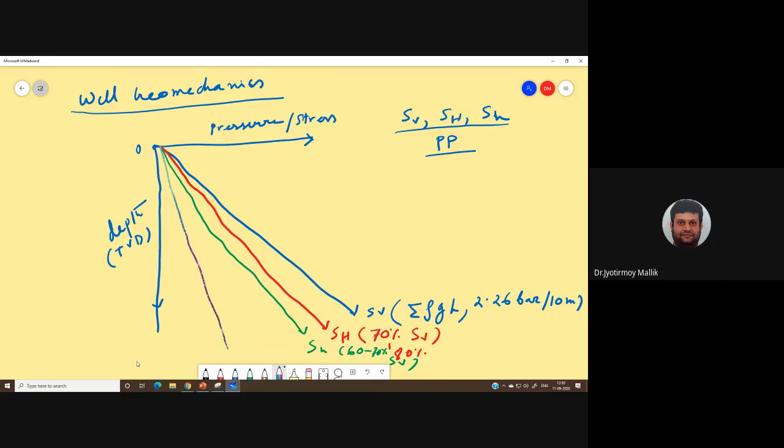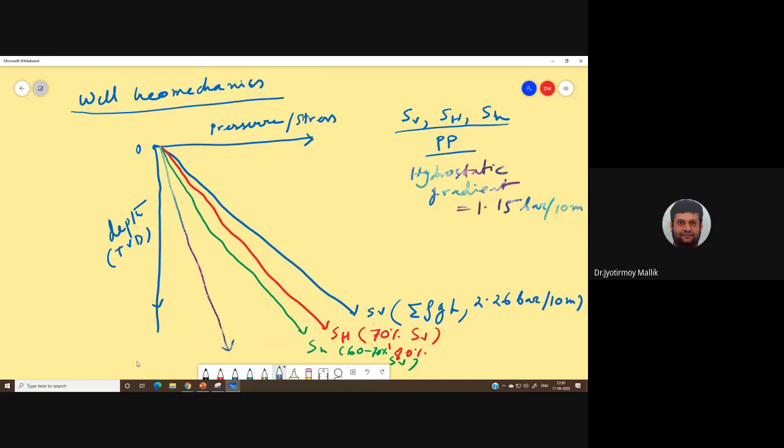Then we had introduced another term, which is pore pressure. Okay? And we said, in general, for hydrostatic gradient, the pore pressure is in the order of 1.15 bar per 10 meters.